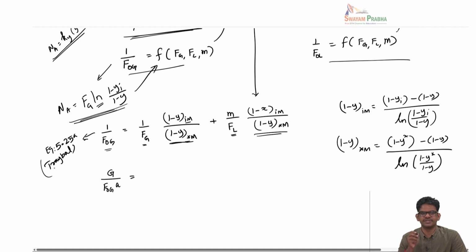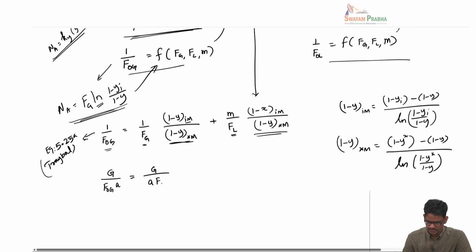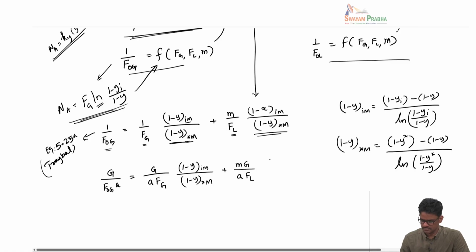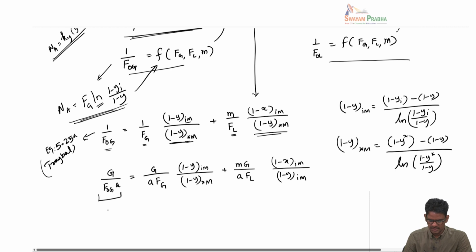So now I take this expression and multiply by the term G by A. So this term now I can define as HTOG, the height equivalent of overall gas transfer unit.